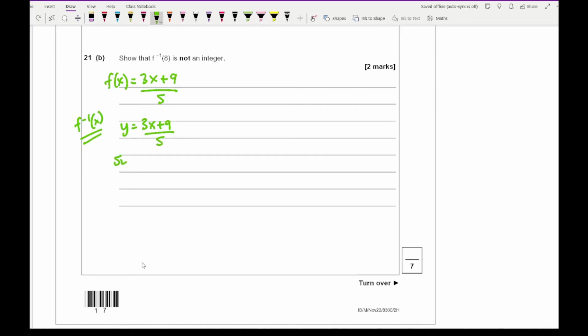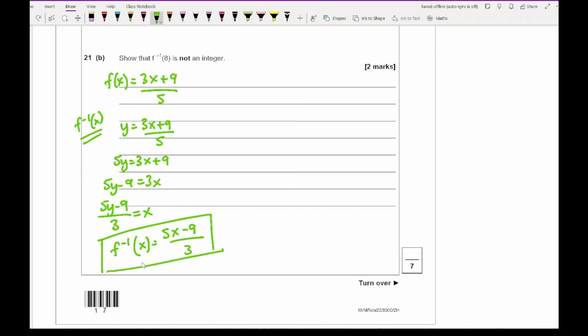So I've got 5y equals 3x plus 9, 5y minus 9 equals 3x, 5y minus 9 over 3 equals x, and then from this I then want to do my swapping. So I've got f to the minus 1 of x equals 5x minus 9 over 3.